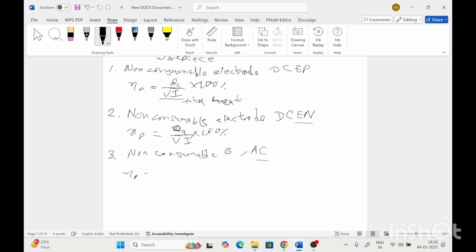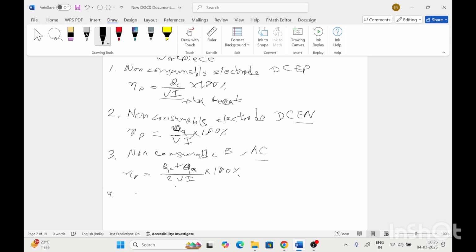So NP is written as QC plus QA, because in alternating current both electrodes will provide energy, divided by 2 VI into 100%. So this is the average of heat available at the cathode and anode.